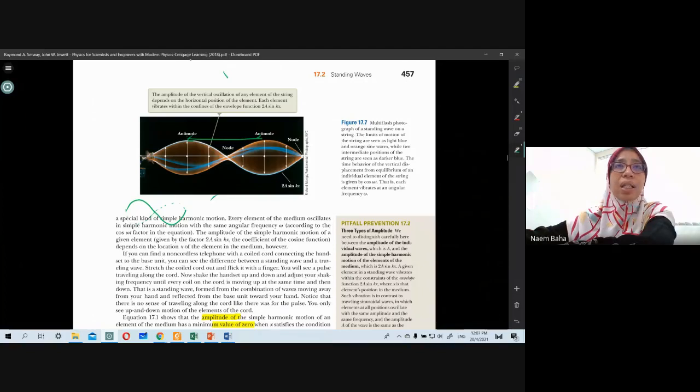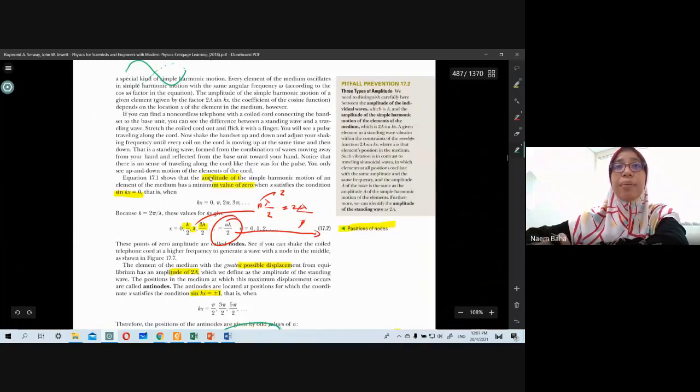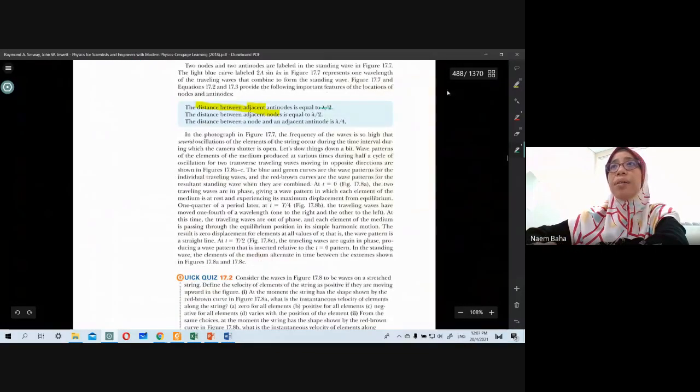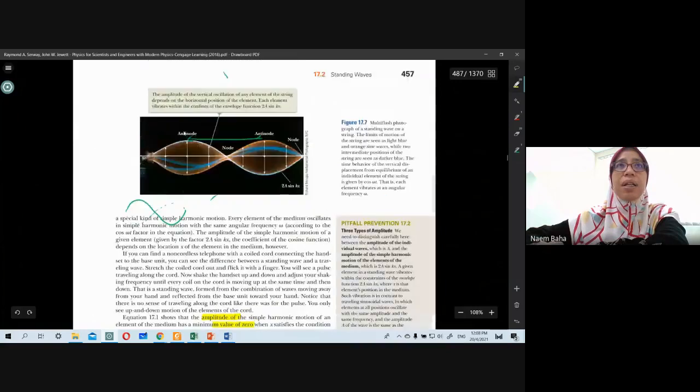Why did I say such? Can you see that we divide by 4, this is 2, right? 2 divided by 4 is 1 over 2. So it's half a lambda. The distance between adjacent nodes is also half a lambda, but between a node and an adjacent antinode it is lambda over 4.